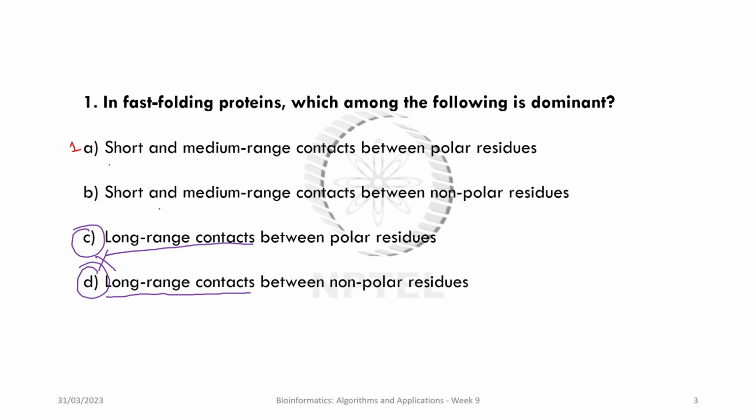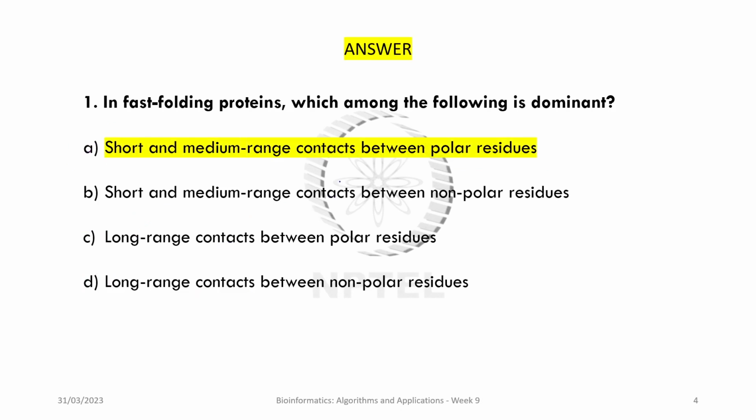So amongst A and B, short and medium range contacts between polar residues, non-polar residues. We know that non-polar residues are dominated in slow folding proteins, right? Therefore, we're going with option A as the answer, short and medium range contacts between polar residues.